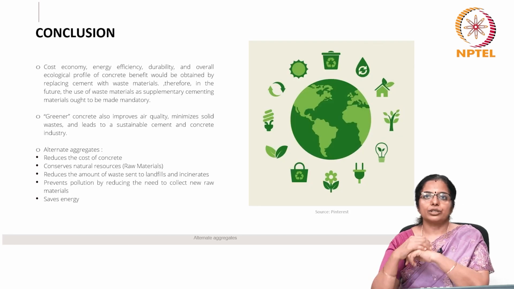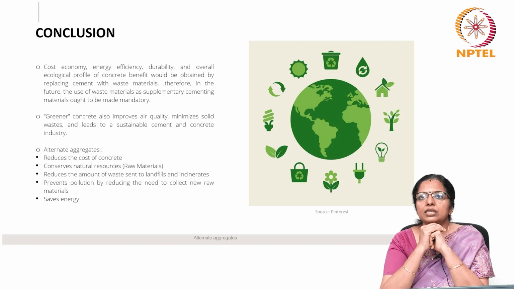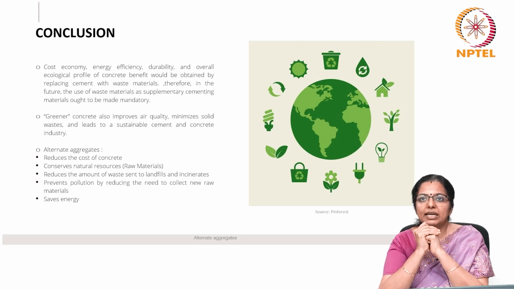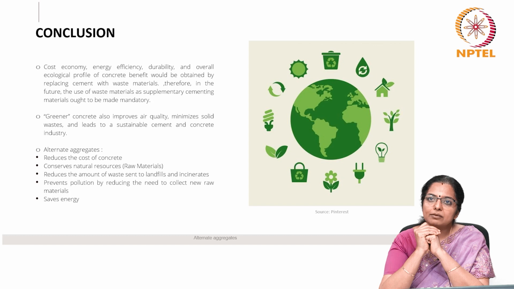So, in conclusion, cost economy, energy efficiency, durability and overall ecological profile of concrete benefit would be obtained by replacing cement with waste materials. Therefore, in the future, the use of waste materials as supplementary cementing materials should be made mandatory. We must also go forward with alternative aggregates.